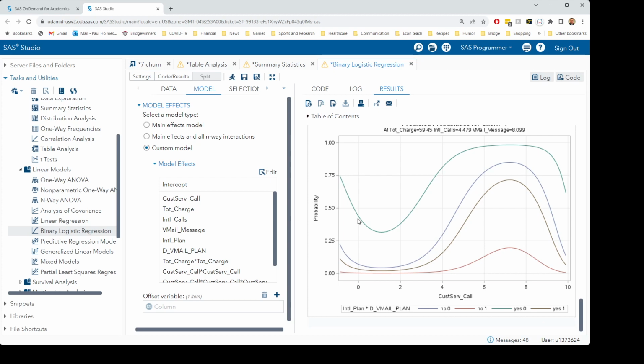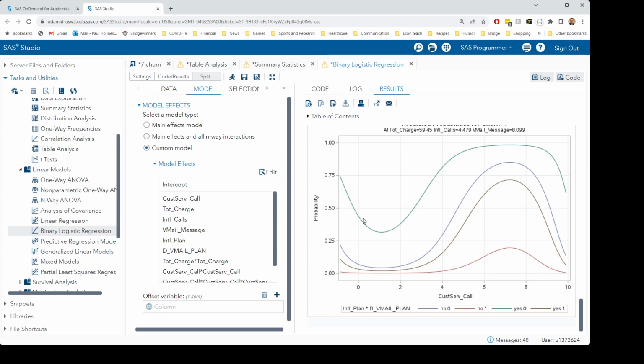One of the features of polynomial modeling is that outside the range of observed data we can have some very strange things happen, and so that's what's happened down at the very bottom here. Since we never see fewer than 0 customer service calls, it doesn't really matter what's happening out here, that as we get more customer service calls we're less likely to churn. That's just not really the case because we can't have fewer than 0.